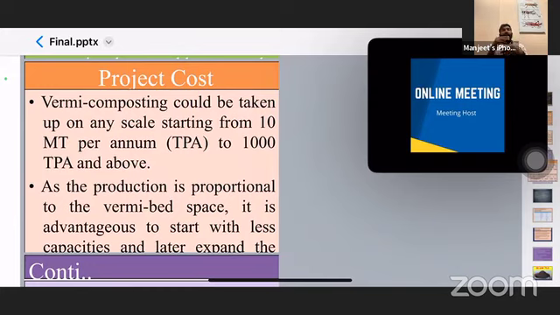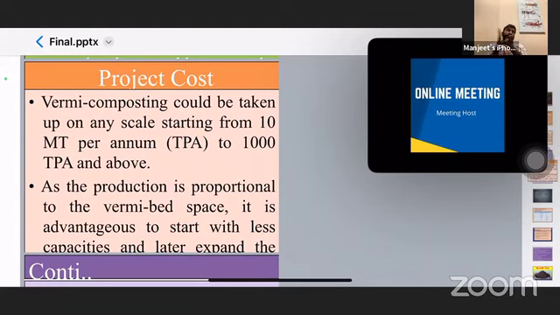After that, you calculate the expected demand as well as your production. So it is advantageous to start with less capacity and later expand the unit after gaining production experience and developing an assured market for the product.